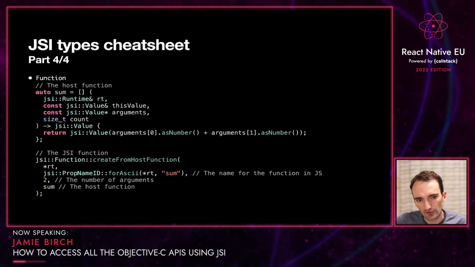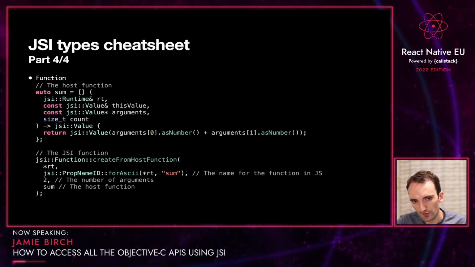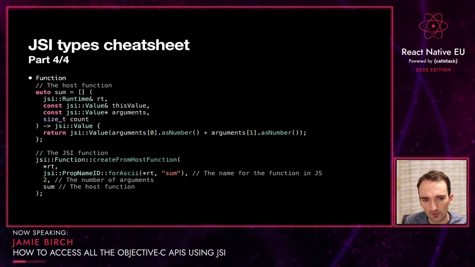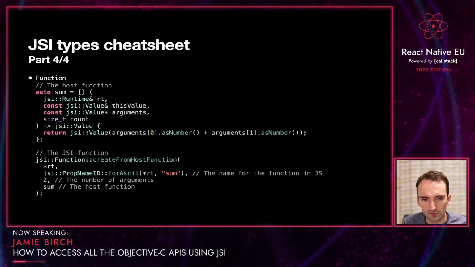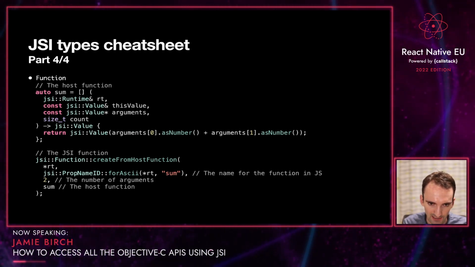This closure accepts 4 arguments. It has a runtime, it has this value in case you want to access this inside the closure. And then it's got the start of the arguments list and the number of arguments present in that list.